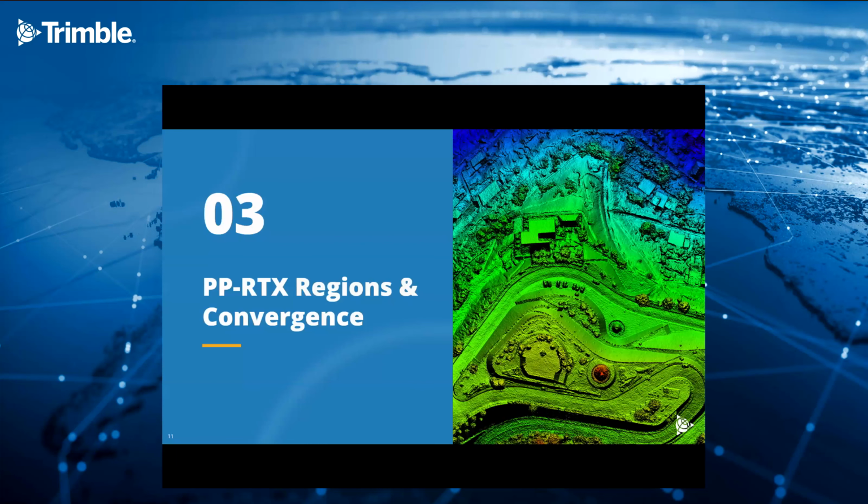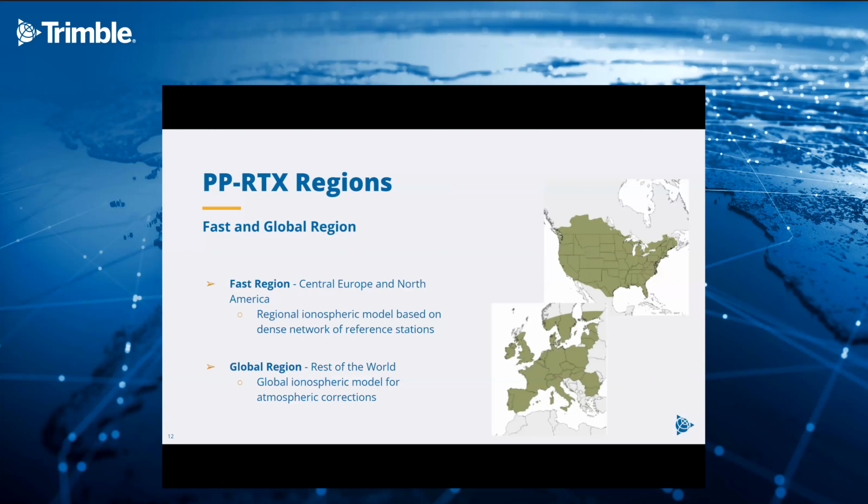We have different regions, and we'll speak about this now and the convergence about this. So the Trimble CenterPoint RTX services are split into two regions. We've got a fast region, which covers Central Europe and North America, and we have the global region, which covers basically the rest of the world.